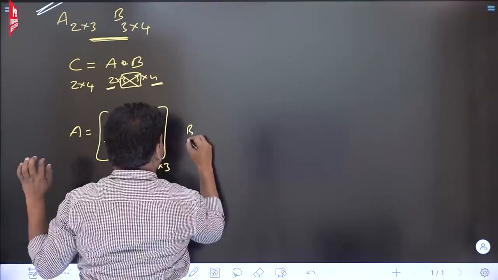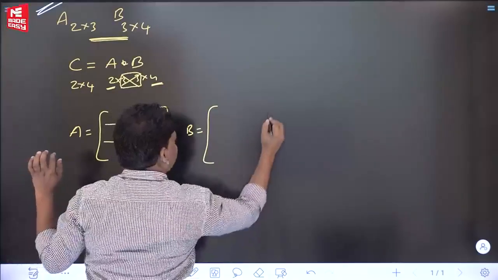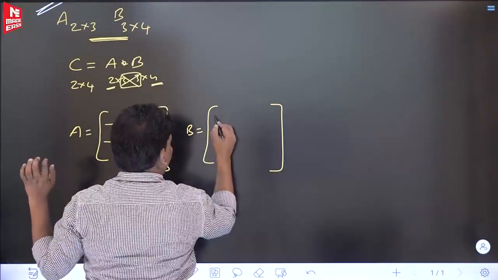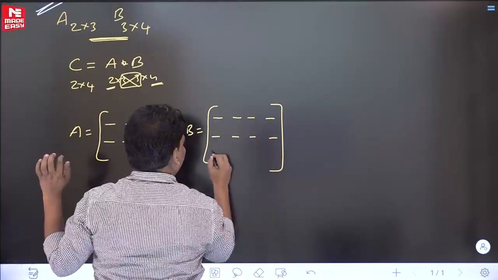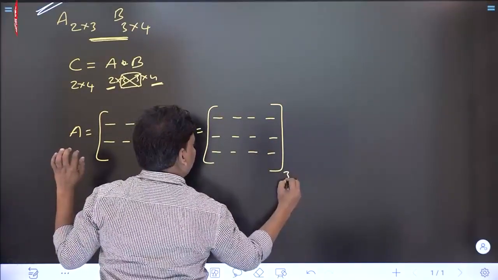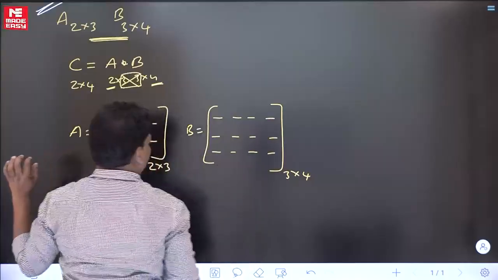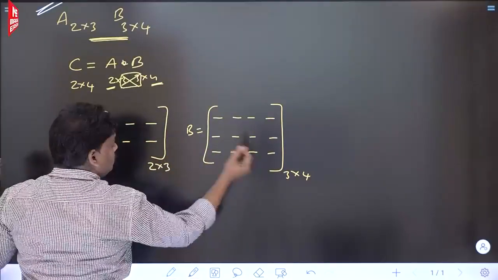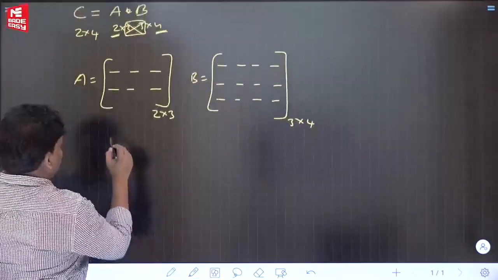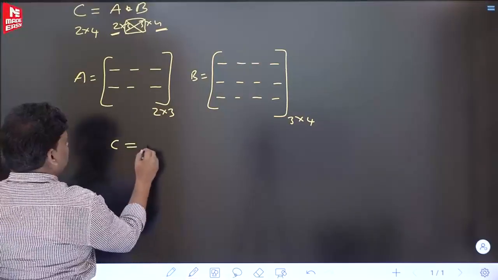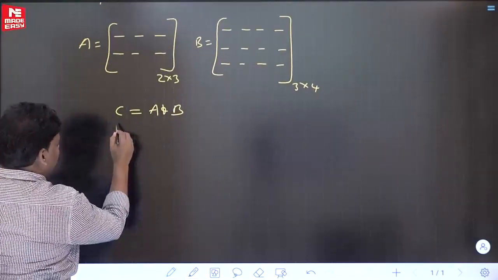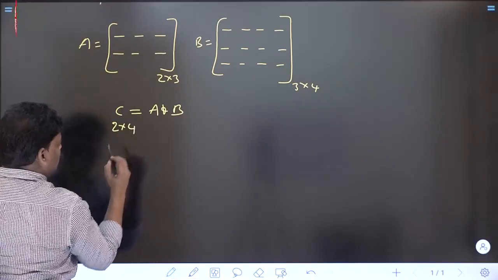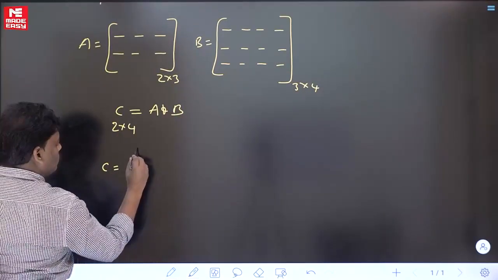B is 3 by 4. That's okay. Now see the answer. C is equal to A into B, as you know. What is the C size? 2 by 4. That you also know. Now let me write. C is equal to 2 by 4.